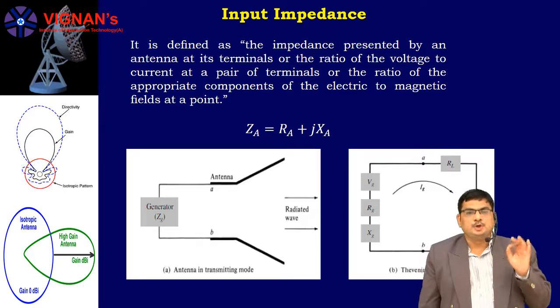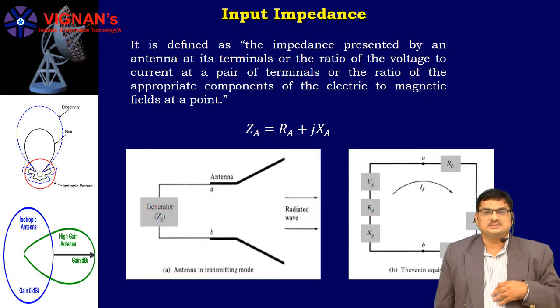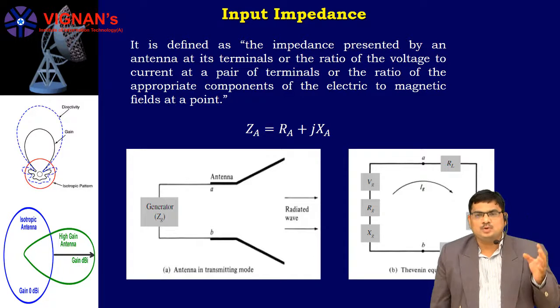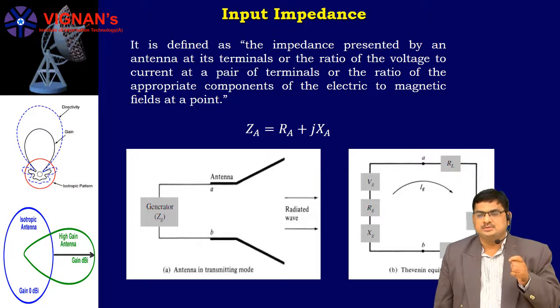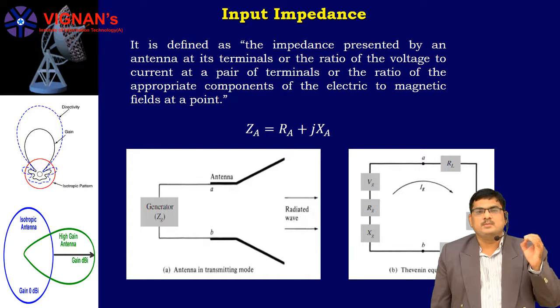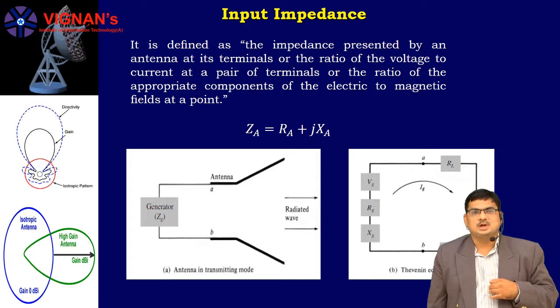But due to some ohmic losses, that means dielectric losses or conductive losses, the input power is somewhat dissipated. So, that's why the input impedance is always a complex quantity.